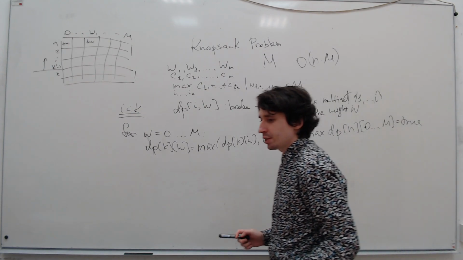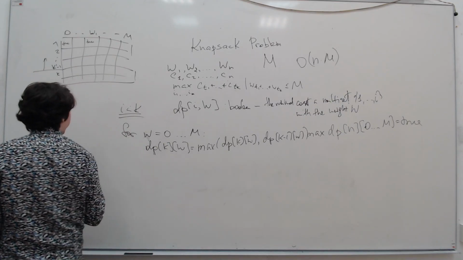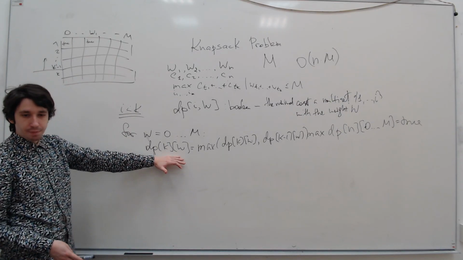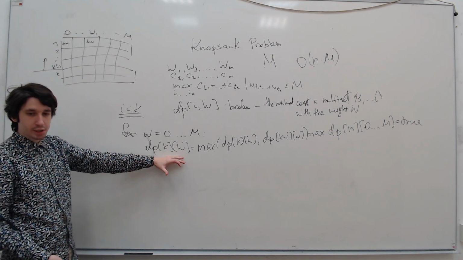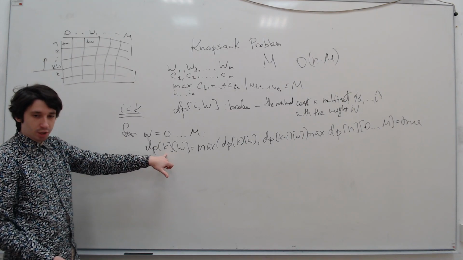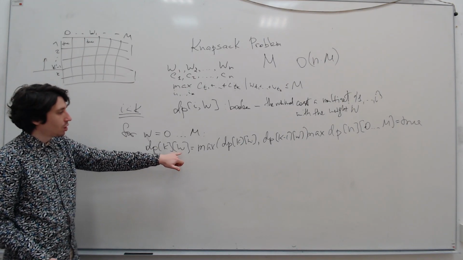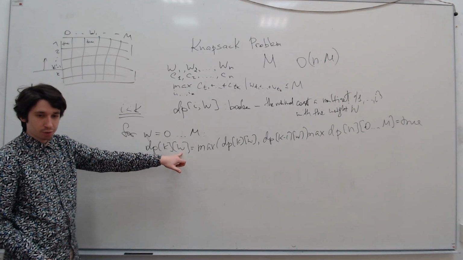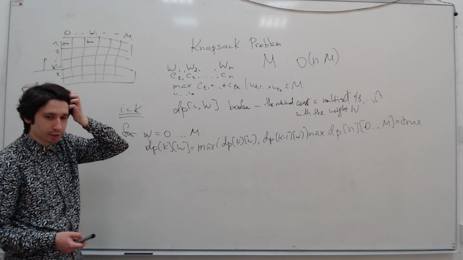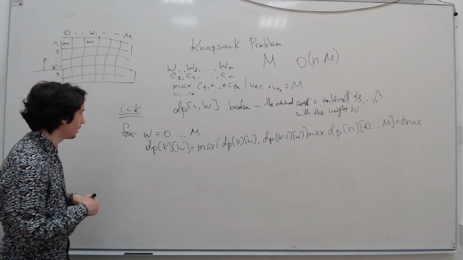So at first we will copy all the information from the previous level. What is the maximal cost if we take the elements only of the first k types with exact weight w? We just simply copy from the previous, as if we do not take element k.